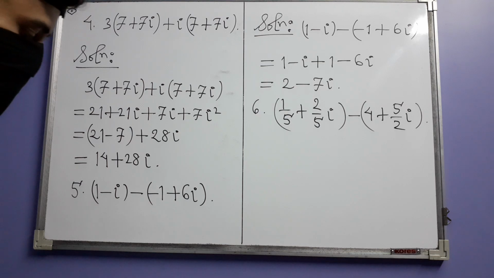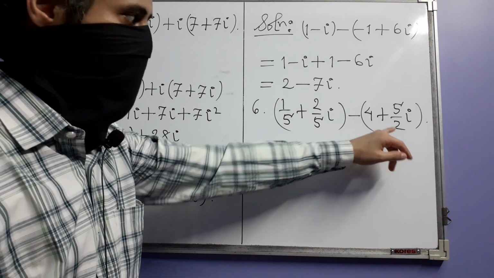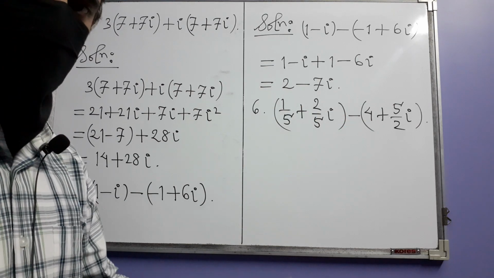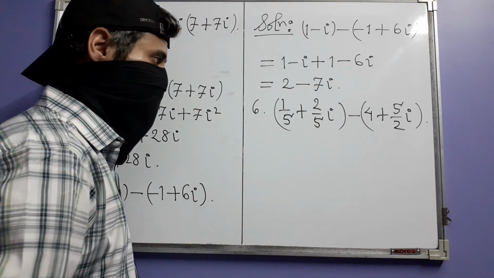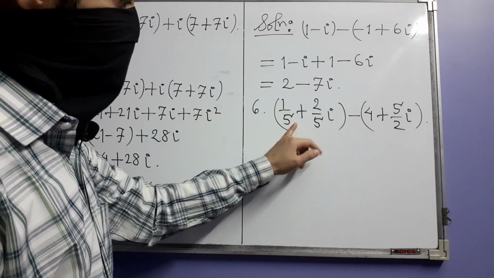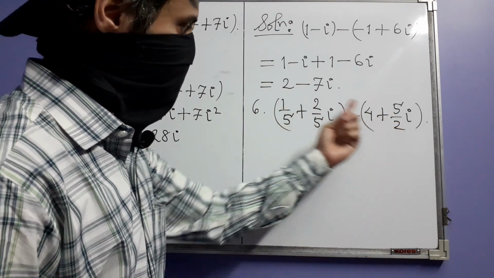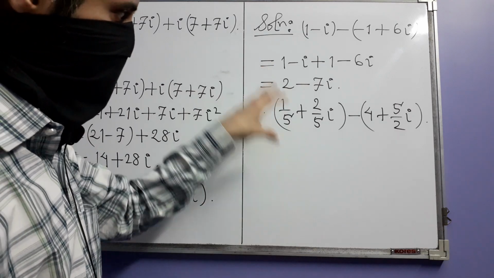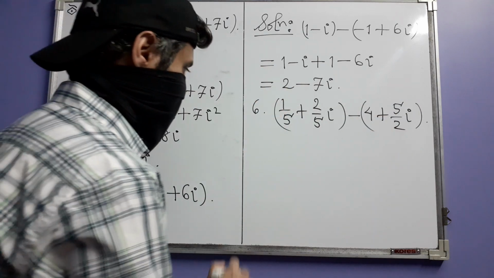That's the other number. Here, however, you do not have minuses, only you have minus here. So you can straight away apply the definition of subtraction, which tells you to subtract 4 from 1 over 5 and then separately subtract 5 over 2 from 2 over 5, keeping the form intact, that is something plus i times something.